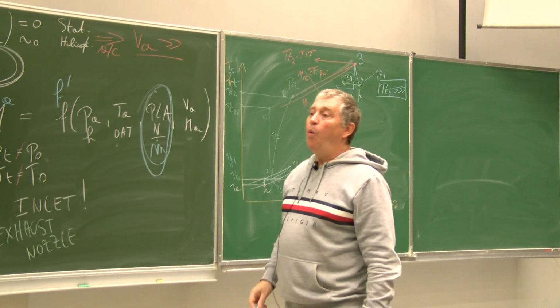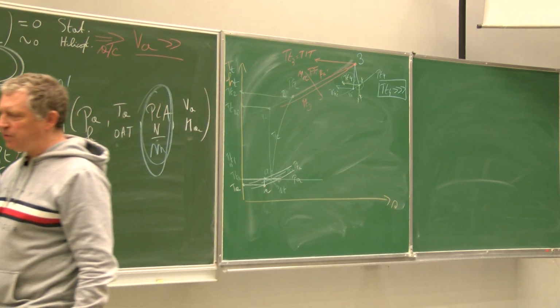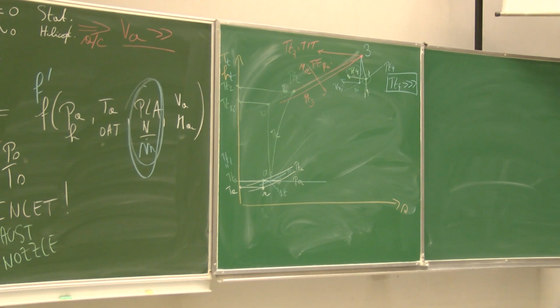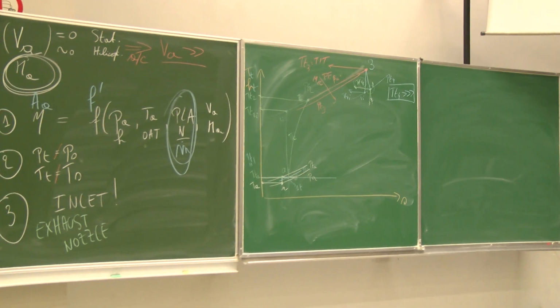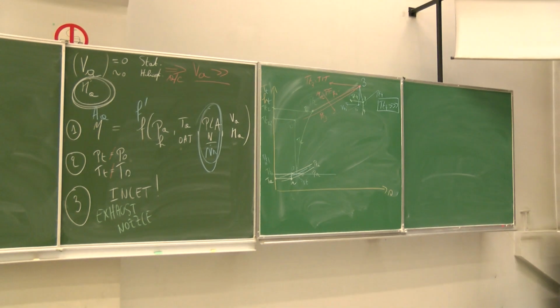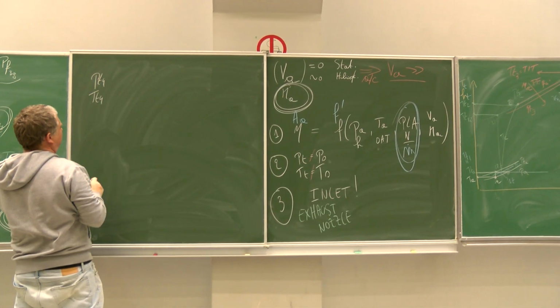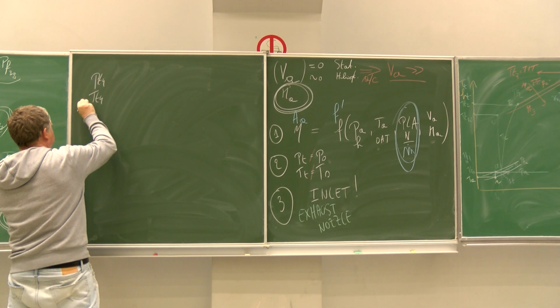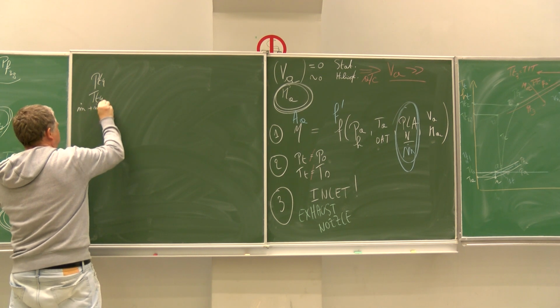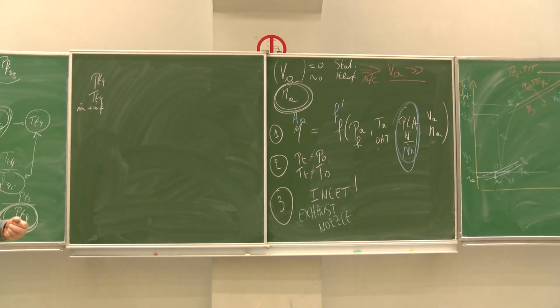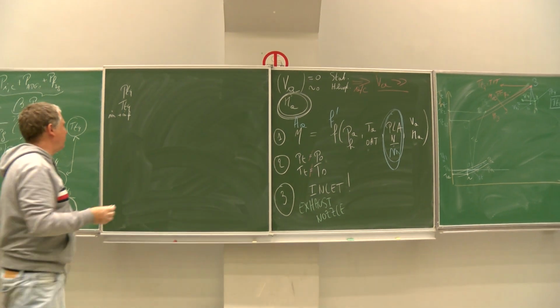But the question is, what will I compute in this exhaust nozzle? I know PT4 and I know TT4. I know also m dot plus m dot f, which is the total mass of gas at the entrance of this nozzle.